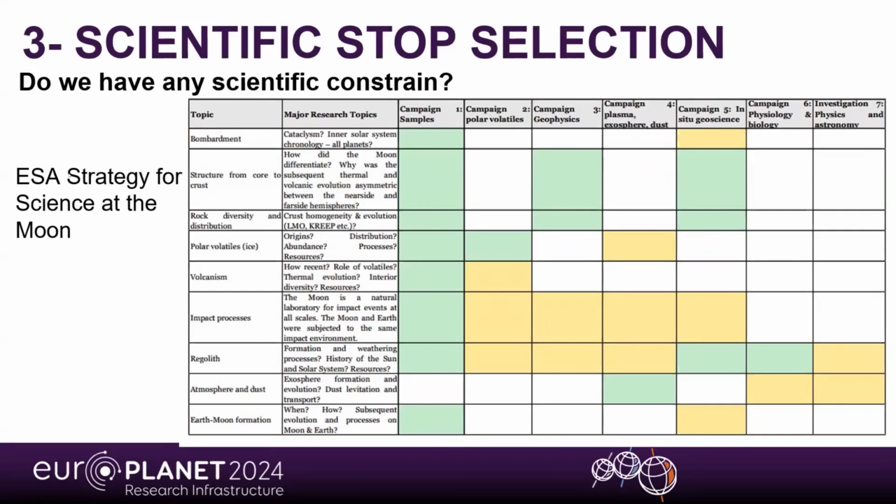You can find them also on the ESA website or NASA website, in the case of the American one. There is a list of topics and objectives they want to study on the Moon, and there are a lot of questions you can try to answer with your study.